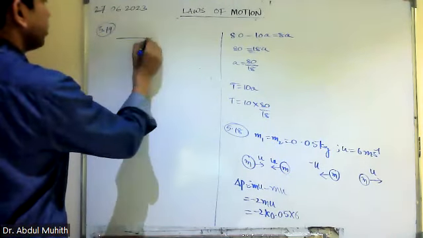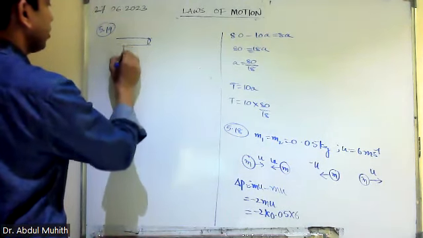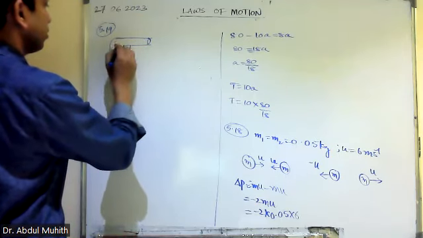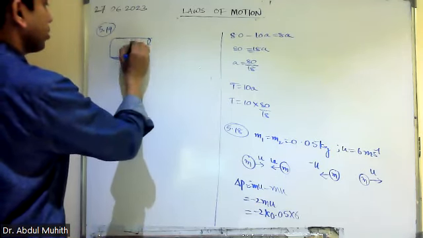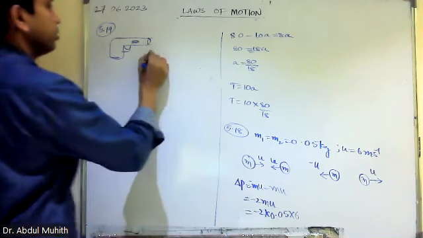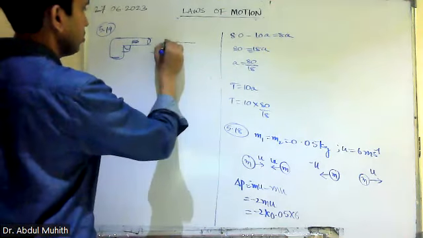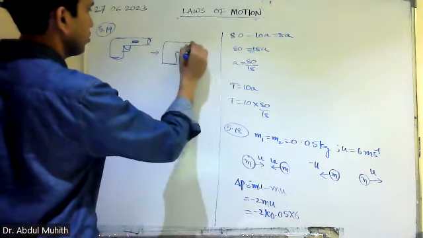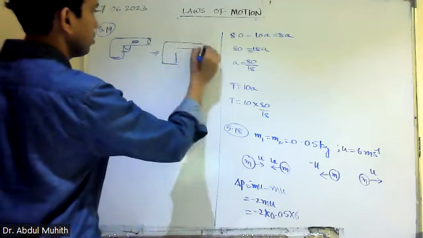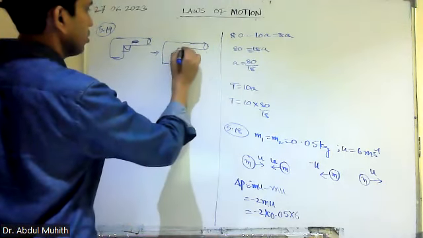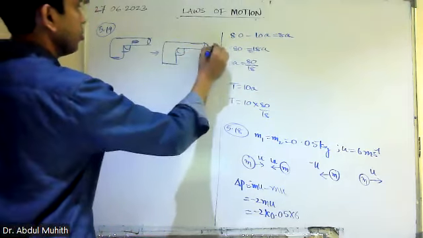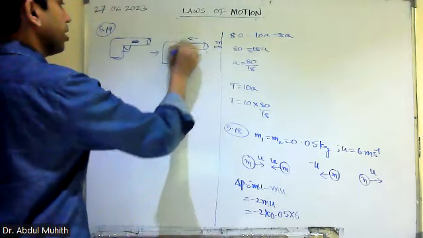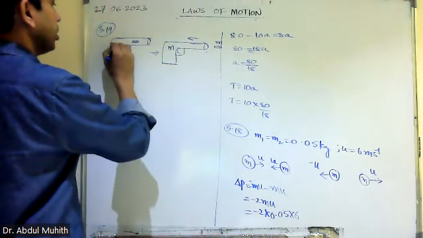See, there is a gun and bullet. The bullet comes out. This is capital M, and this is capital M plus small m.